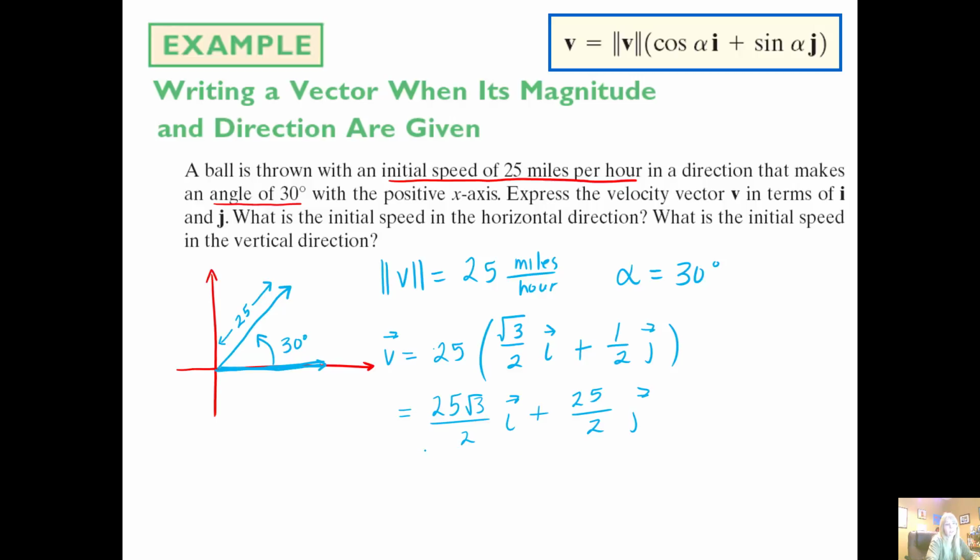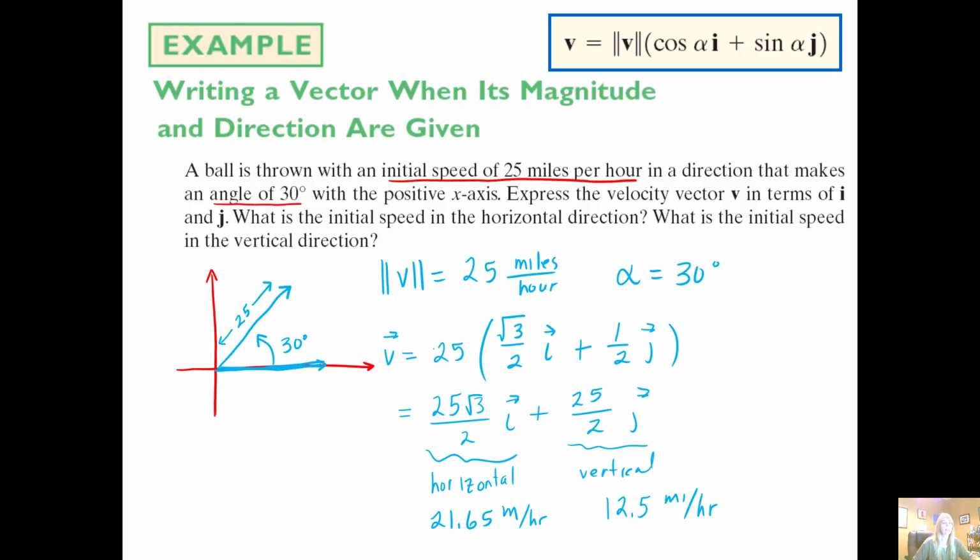This piece is my horizontal component, and this piece is my vertical. If you take 25 times the square root of 3 and divide by 2, you should get 21.65 miles per hour. And the initial speed in the vertical, 25 over 2, you should get 12.5 miles per hour. So that's the horizontal direction and the vertical direction.